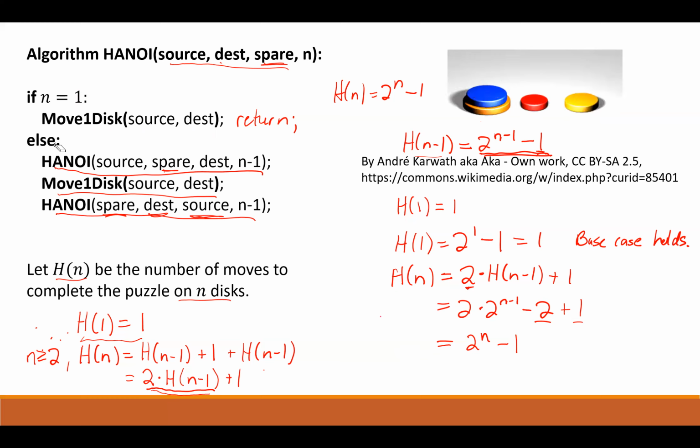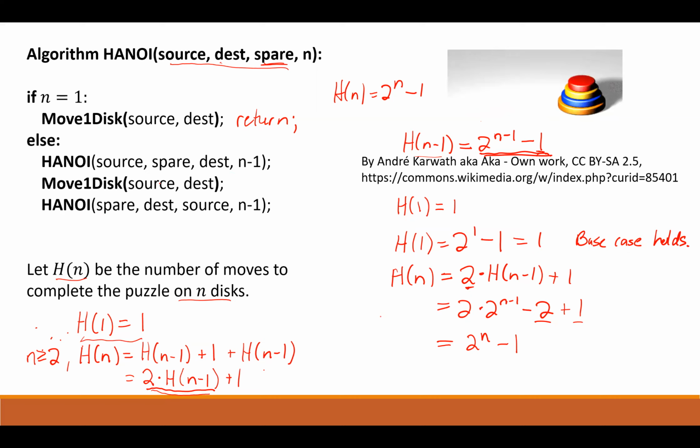The way it's written, if I didn't have this here, then when I move the big bottom disk, so I have to move all of the n minus 1 top ones, then I have to move the big bottom one, but that won't happen on these recursive calls because these are only on n minus 1 disks.